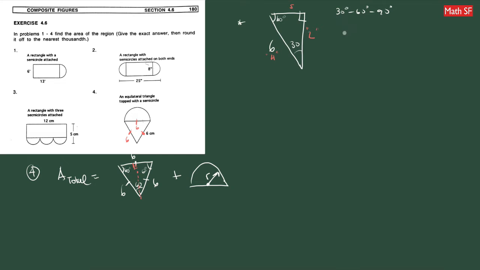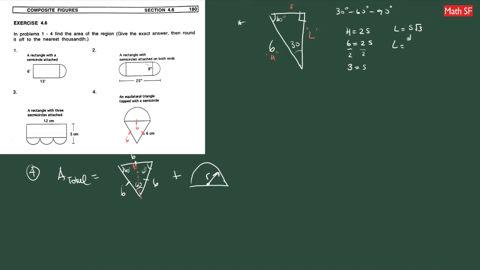Also remember that the hypotenuse is equal to 2s, and L is equal to s root 3. To find L, I need to know s. Therefore, let's find s first. The hypotenuse is 6. We divide each side by 2, and we get s equal to 3. Now that I know s, I can find L.